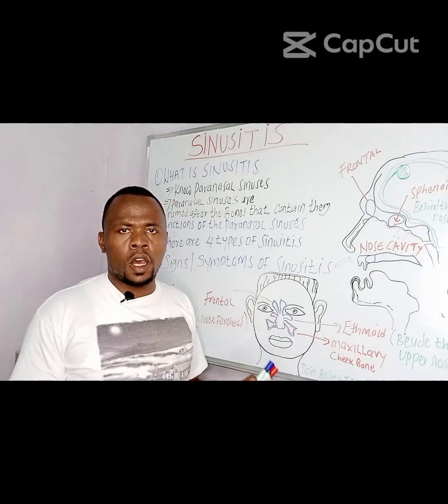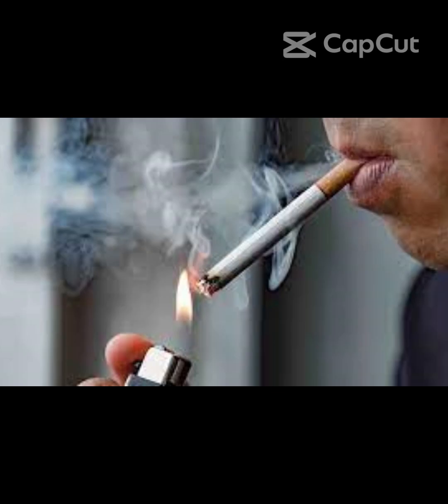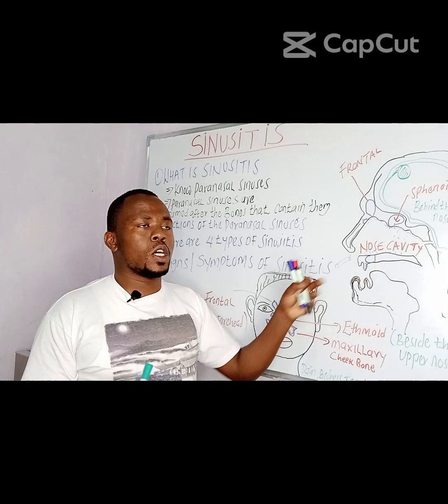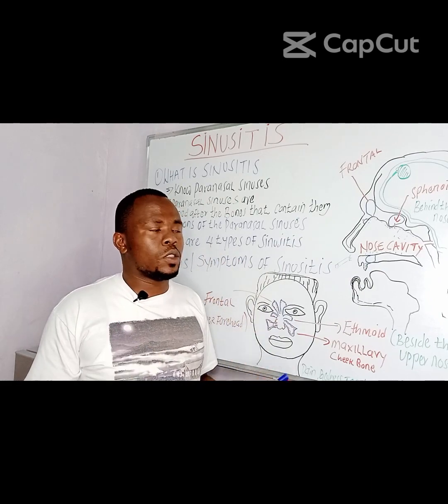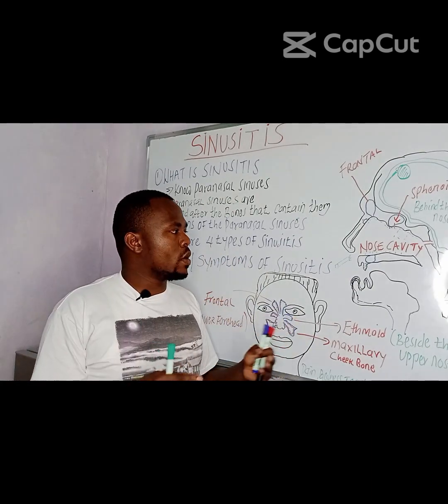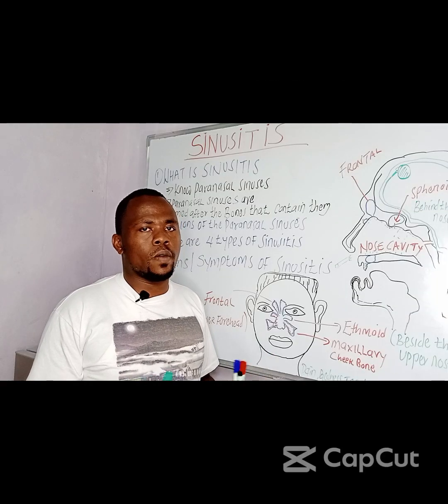We have non-infectious causes. Non-infectious causes, we have smoking. Smoking usually damages the cilia that is found in the mucous membrane that is lining your nose cavity and your respiratory tract. Then we have a toothache. A toothache is when you have an infected tooth.